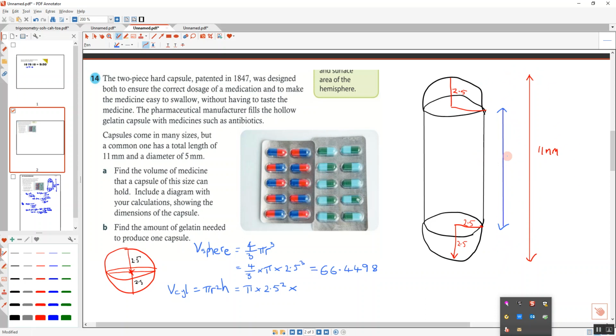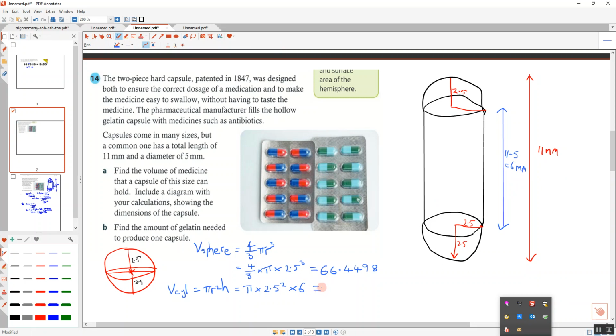So 11 take away 2.5, take away 2.5. That's 11 take away 5, which is equal to 6 millimeters.